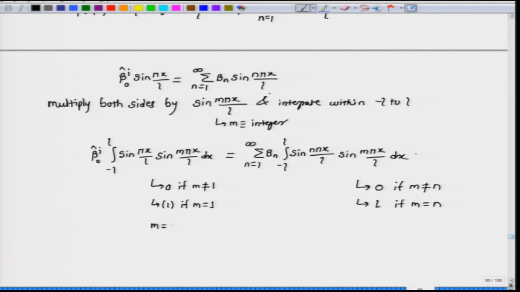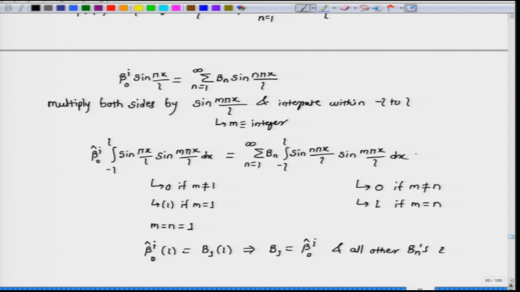So, we should have m equal to n equal to 1, in which case the value of the integrals will be L. So, I can write this equation as beta 0 I cap times L should be equal to, only for n equal to 1, b 1 times L. So, basically we get b 1 is equal to beta 0 I cap, and all other bn's are 0.